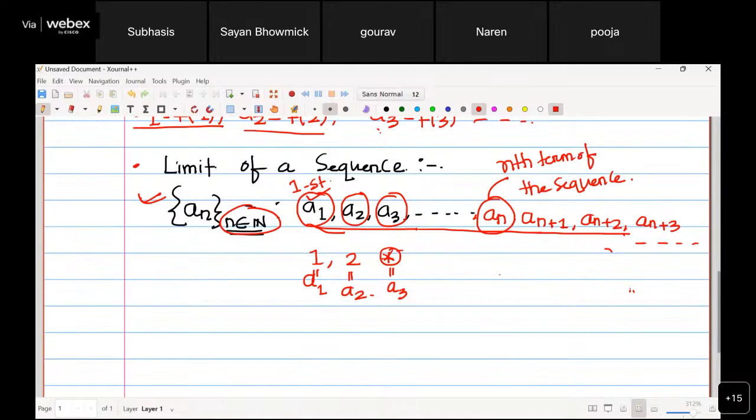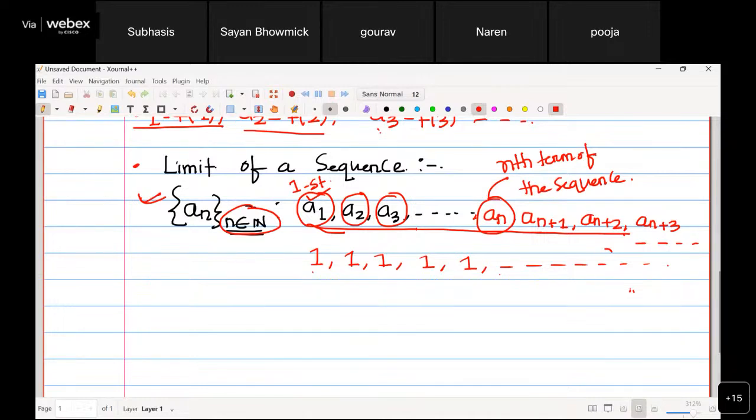But I can create a sequence out of one number only. If I write 1, 1, 1, 1, and so on, this is a sequence. I have created a sequence out of just a single number.